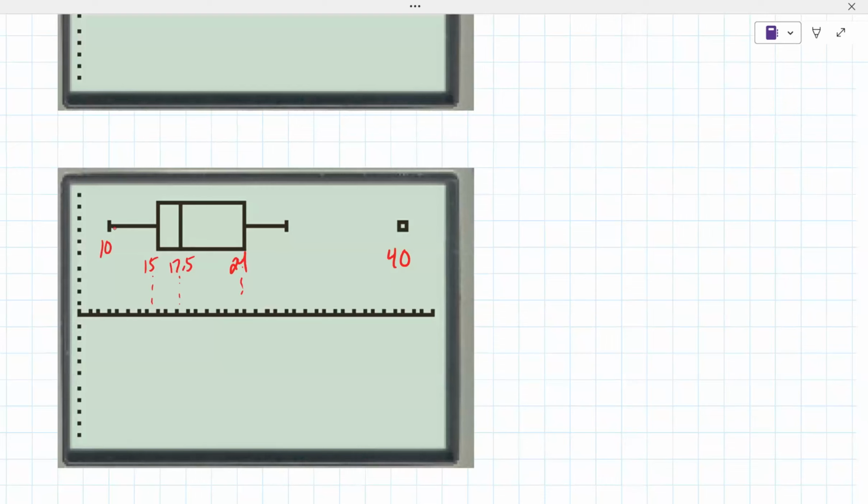Because at some point you're going to make box and whisker plots. Yeah, I haven't seen this in class yet, but I bet next week we'll probably do something with that. So the interquartile range is Q3 minus Q1.